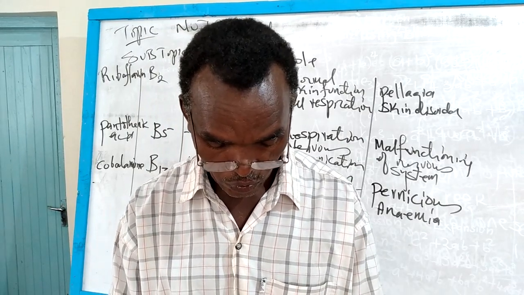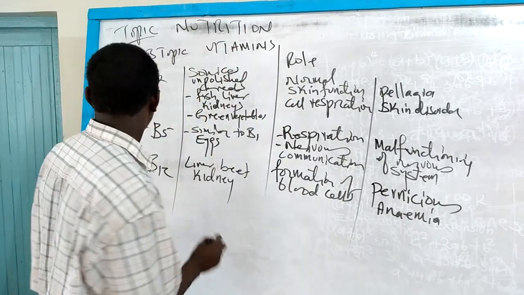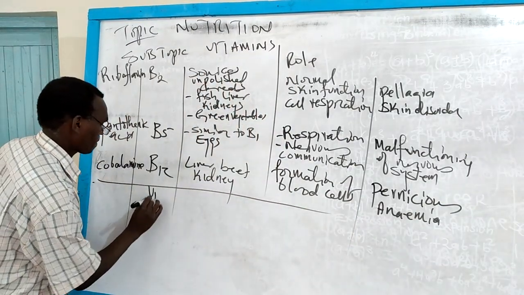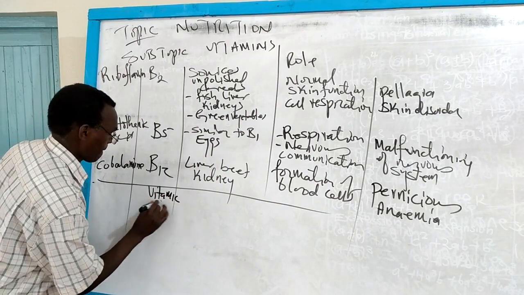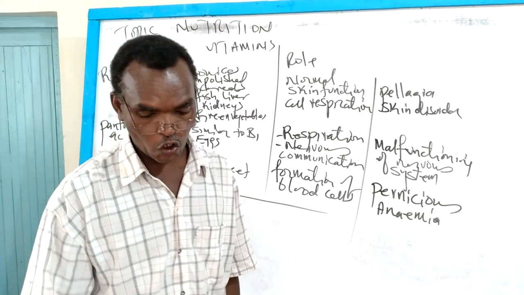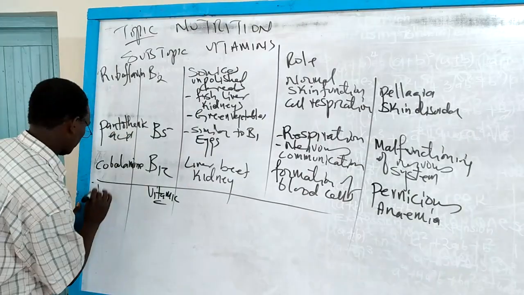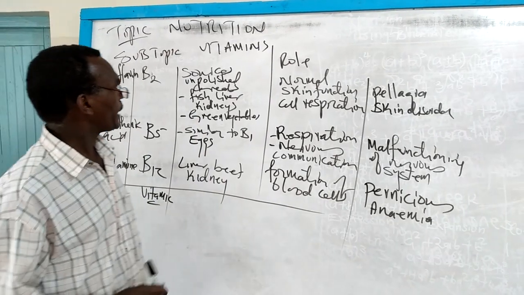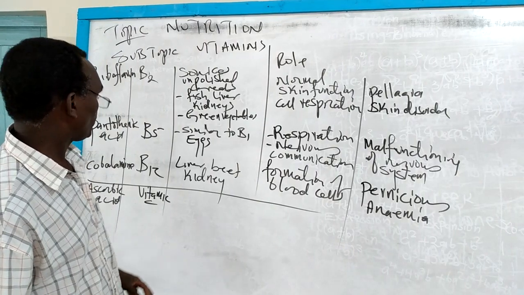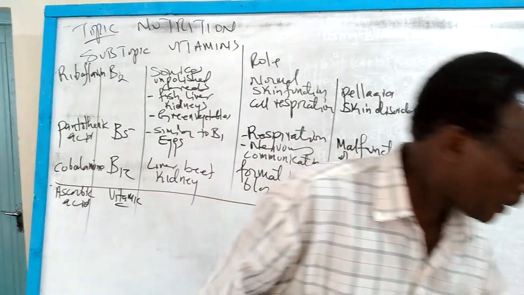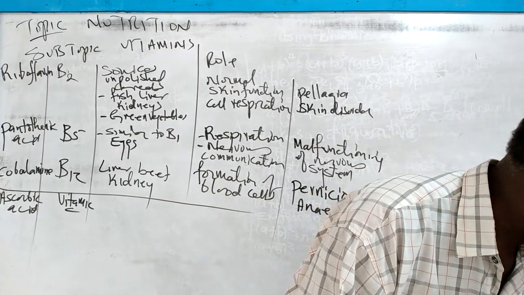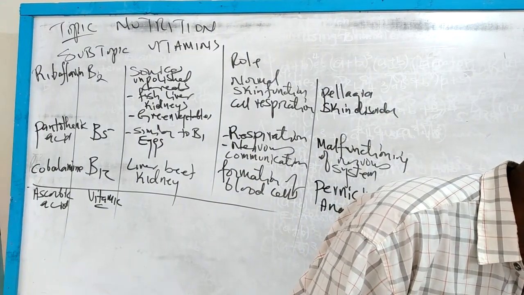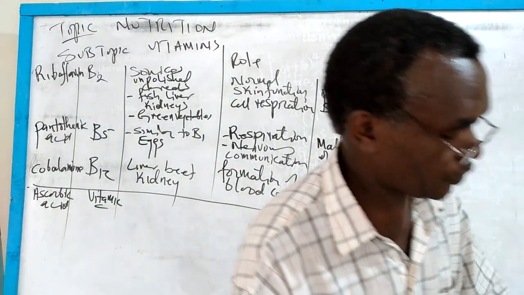Then we move on to vitamin C. Vitamin C is also what we call ascorbic acid. Where does vitamin C come from? Here, I need to remind you again, we have fruits of different categories.